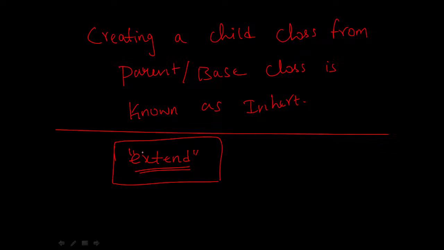What are we going to use? We are going to use a keyword called extend. Using this keyword extend, we are going to derive a child class from a parent class.